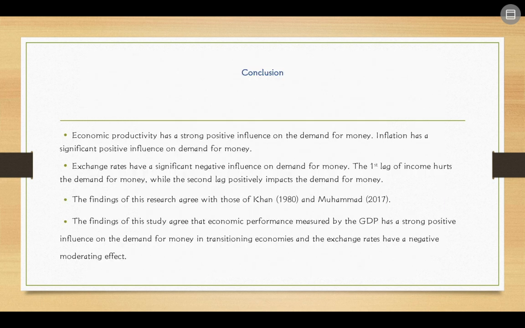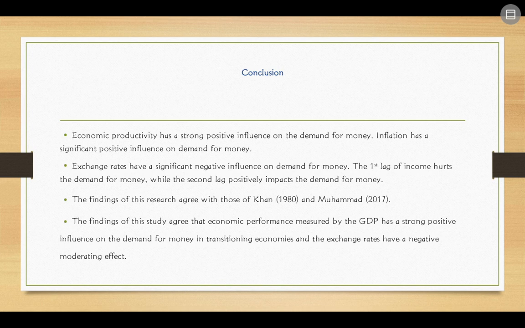So as a final conclusion, economic productivity has a strong positive influence on the demand for money, inflation has a significant positive influence on the demand for money, and exchange rates have a significant negative influence on the demand for money. The first lag of income hurts the demand for money, while the second lag positively impacts the demand for money.